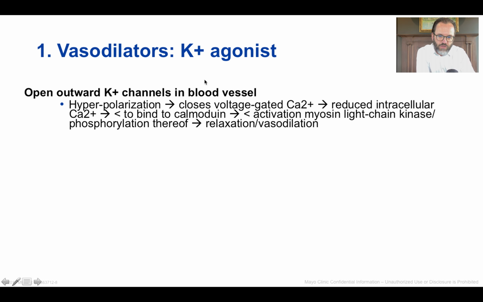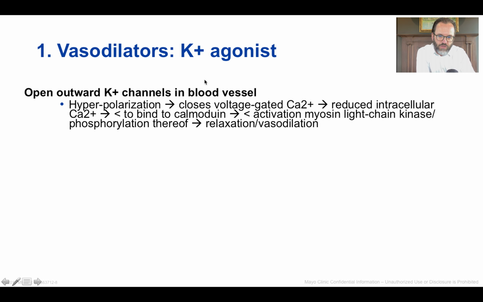That hyperpolarization is going to be closing the voltage-gated calcium channels and ultimately reducing intracellular calcium. And of course, that sets off the series of events related to calmodulin and the phosphorylation of myosin light chains and reductions in vascular muscle tension generation. So therefore, you will have relaxation.